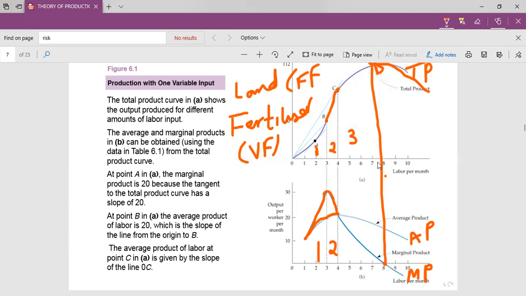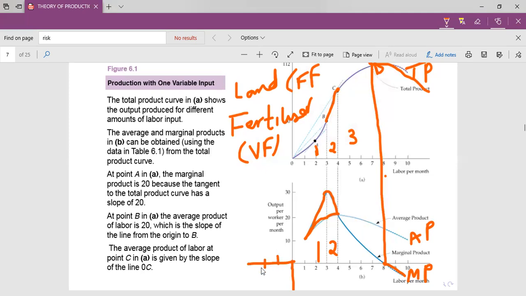So at that point, when the total product is now declining and declining, the marginal product will now get to negatives. If it goes beyond this horizontal axis here, it will be in negatives, isn't it?